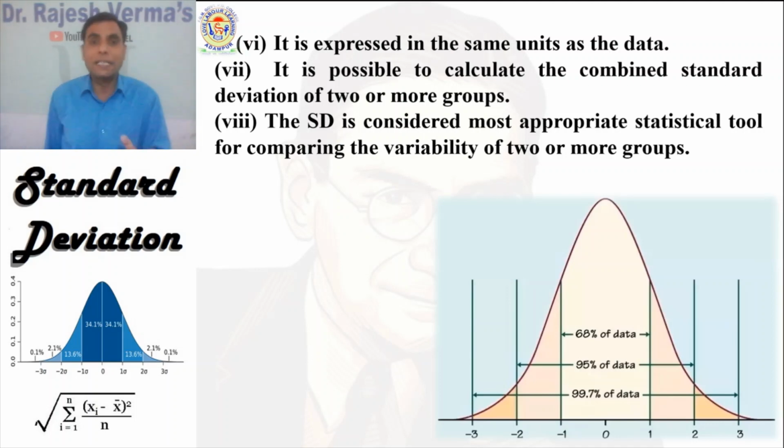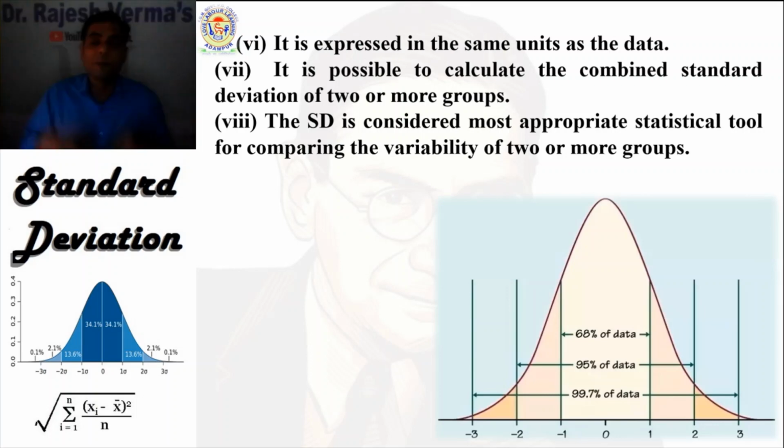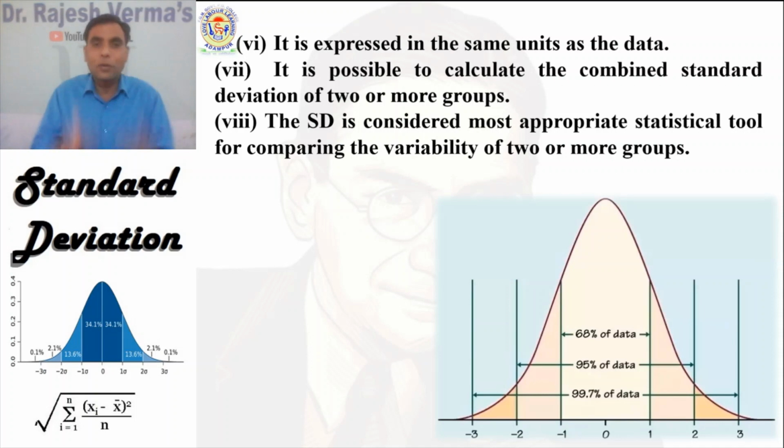It explains and compares the difference or similarity of variance among two or more groups. So dear friends, I am constantly requesting you to understand these characteristics to understand the standard deviation.